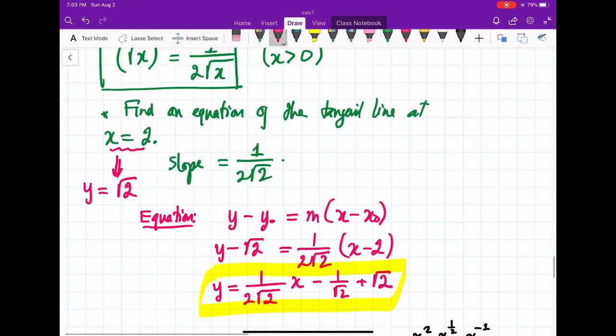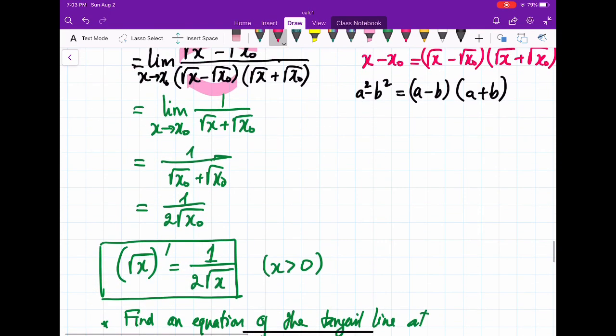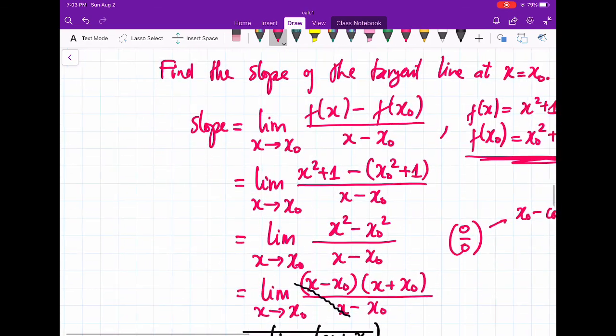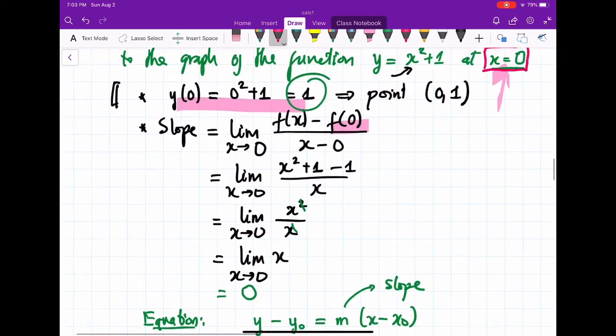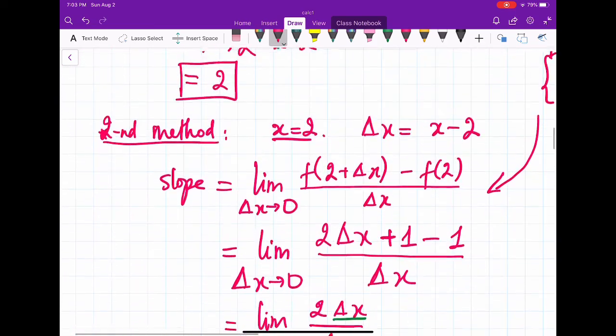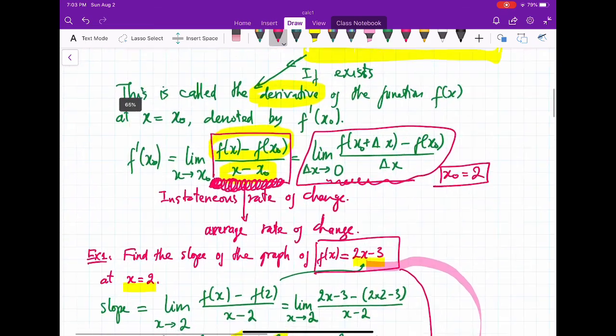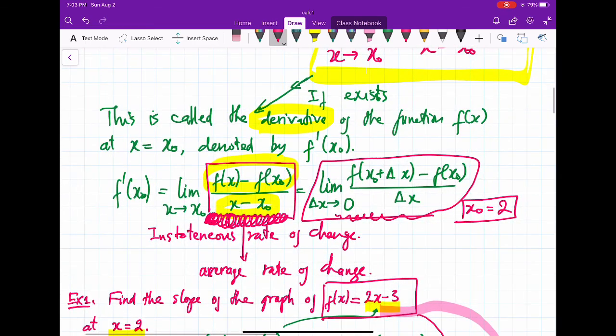Okay, I hope that the video is clear enough, and I repeat again: in this video, we use the definition only. Don't forget that we have two formulas, two formulas of the derivative and the slope. You need to remember what the derivative means. Derivative is the rate of change, instantaneous rate of change. That is the first thing.